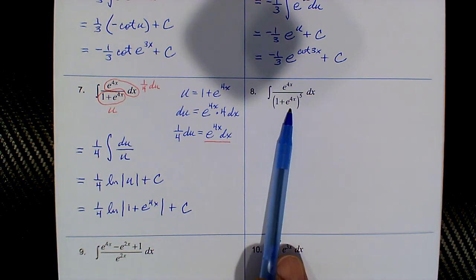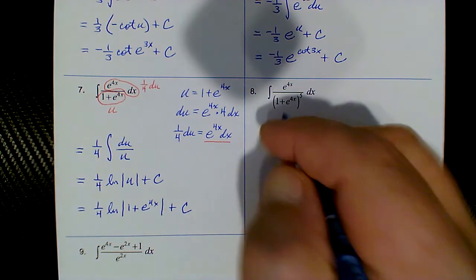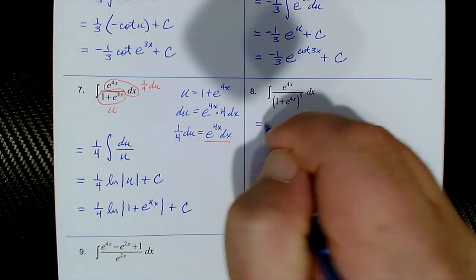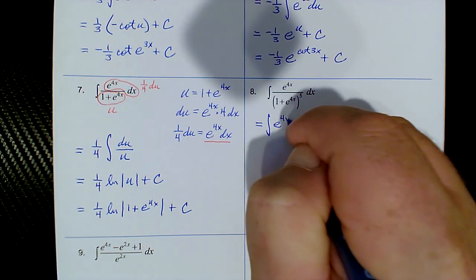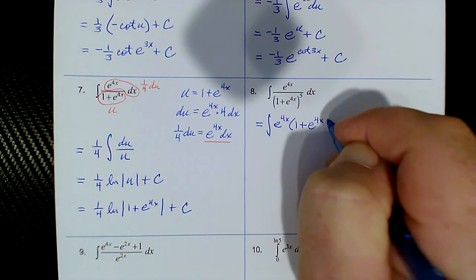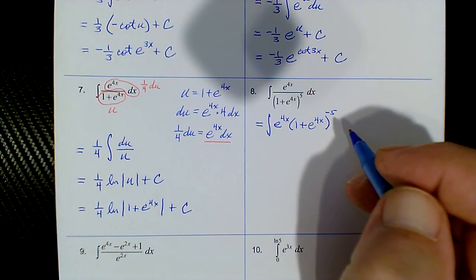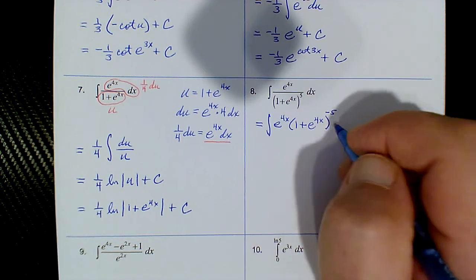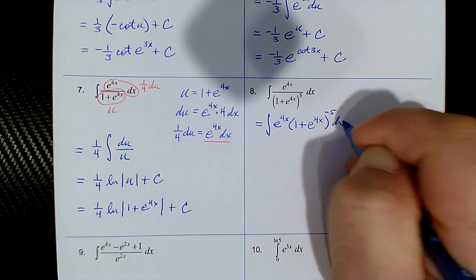If the denominator is not a power, du over u, as it was in number 7. So in number 8, it's going to be u to the n, and we should take a step to rewrite this by swinging that quantity that's in the denominator up to the numerator. So therefore we have the integral of e to the 4x times the quantity 1 plus e to the 4x raised to the negative 5th power.